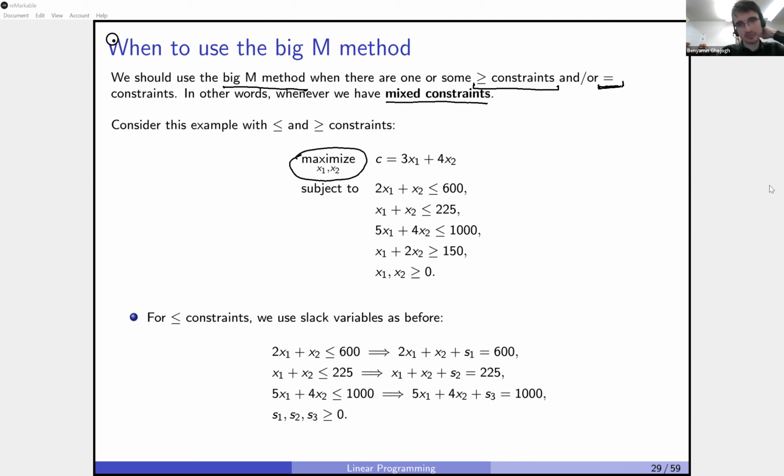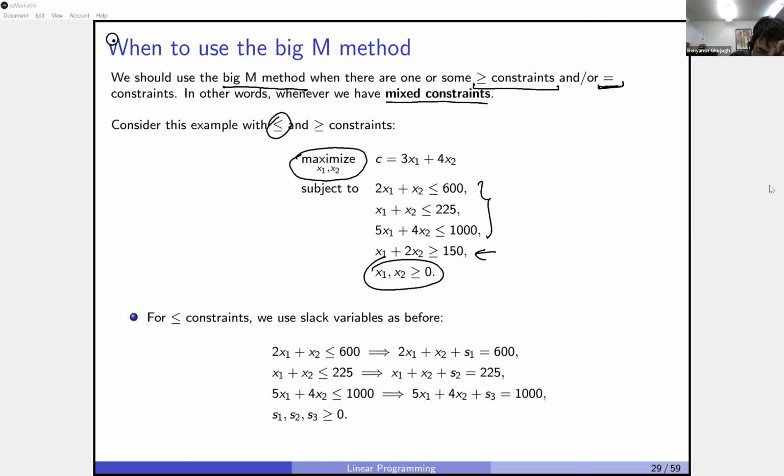So we have mixed constraints. Now let's assume for now we have mixed constraints of greater than or equal to and less than or equal to, okay? Like this. So these constraints are less than or equal to, and this is greater than or equal to, and this is the default constraint that we have in standard problems, okay? And by the way, in the Tableau method, we always are assuming this, right? I didn't include these in the table because I was assuming that this is a standard problem.